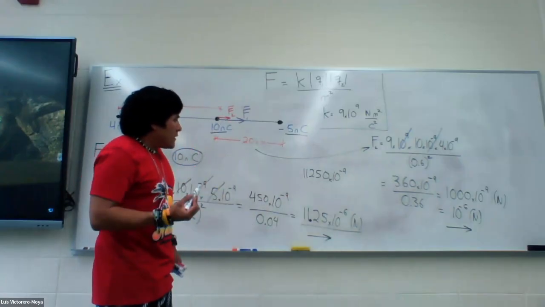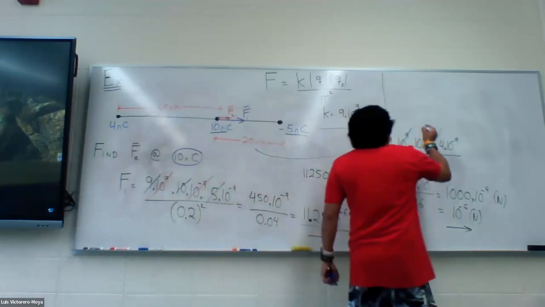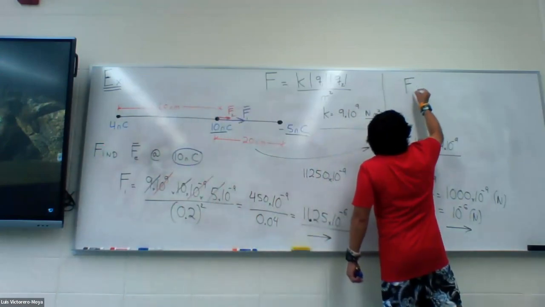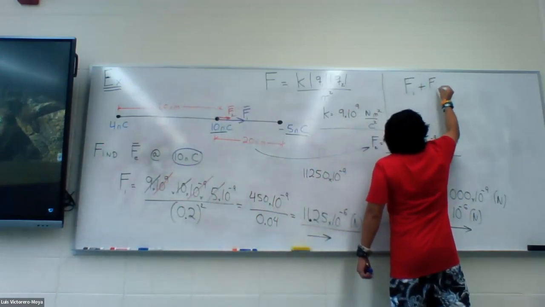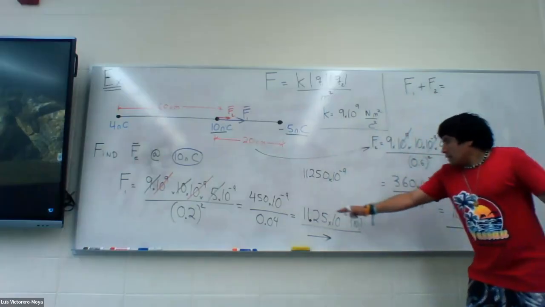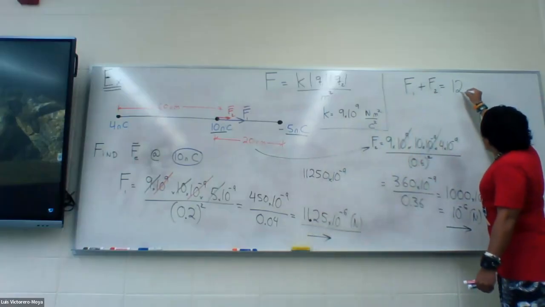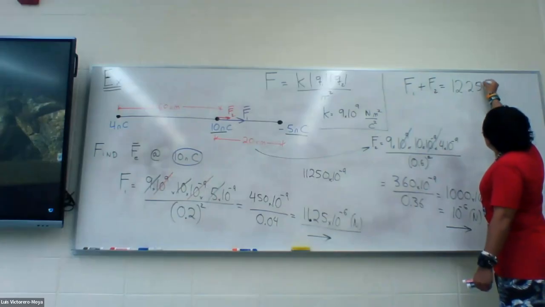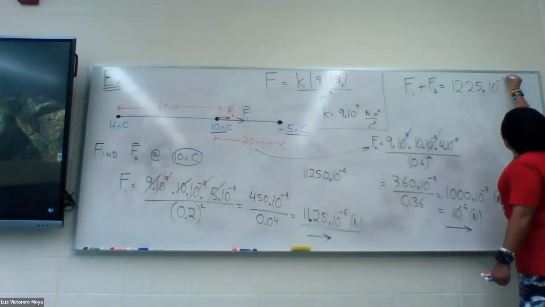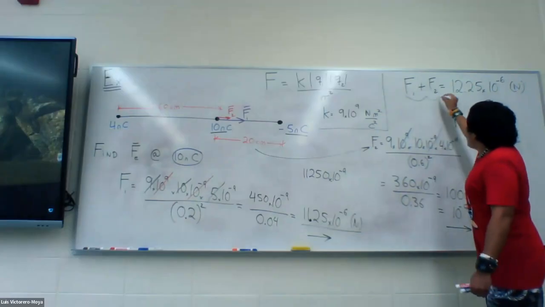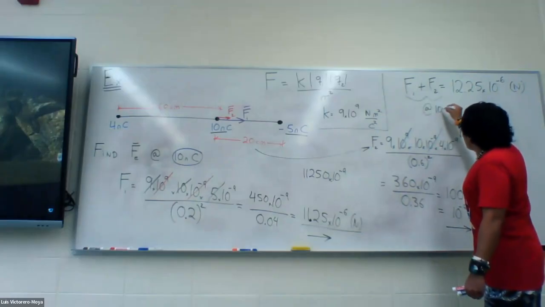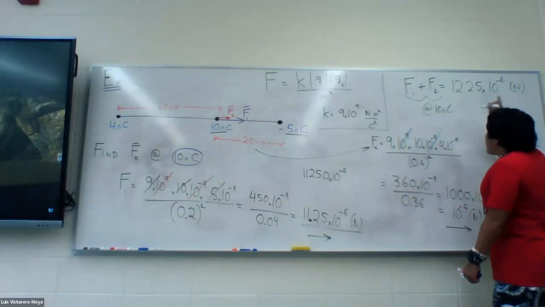If you were to add F1 and F2, this number plus this number will give you 12.25 times 10 to the -6 newtons. That's the force at 10 nanocoulombs.